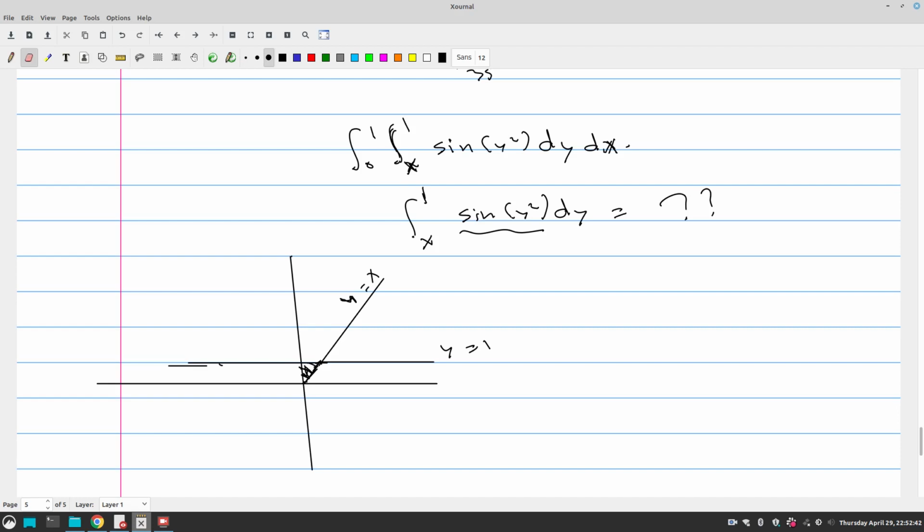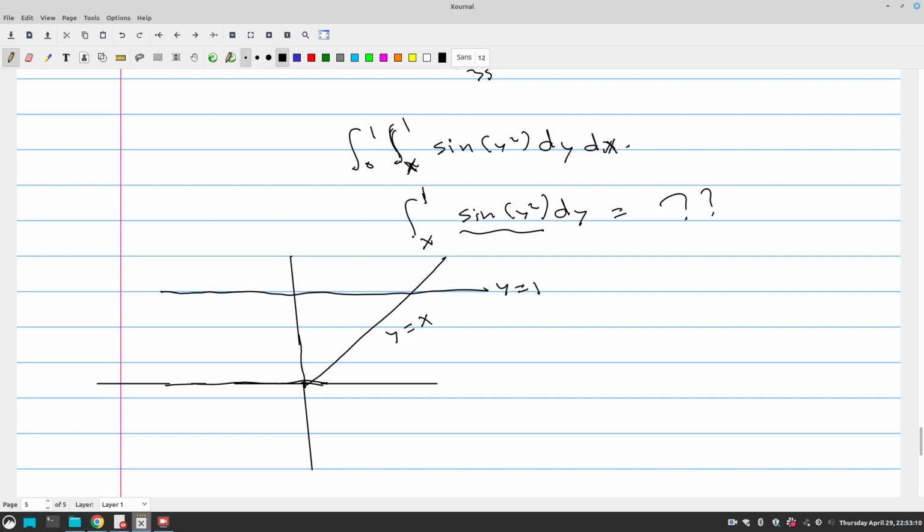So this is x, so this is y is equal to x and this is y is equal to 1, right?